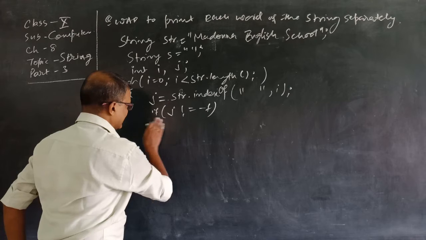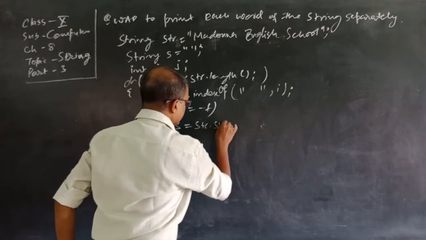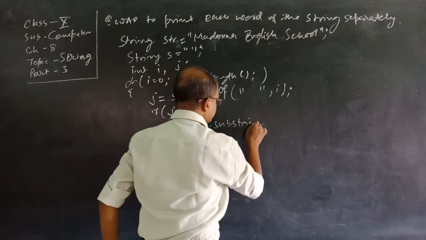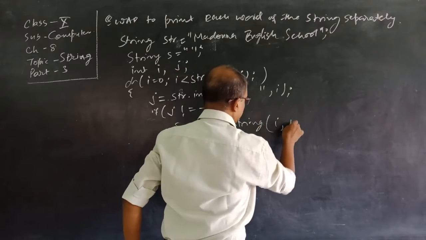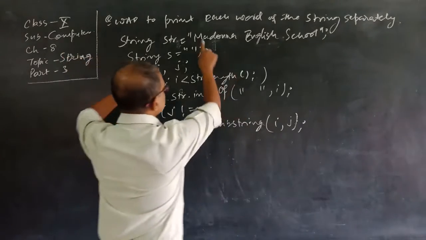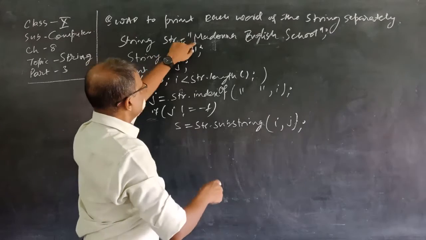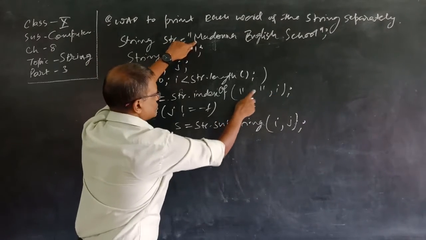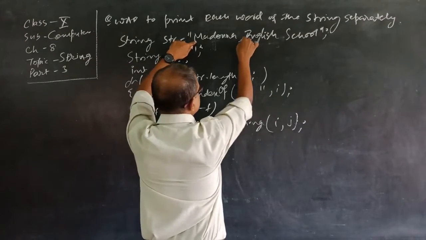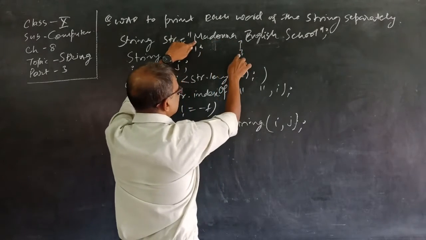So just after that, we'll extract the string s equal to str.substring(i, j). We have started the searching from i, and from i means 0 position. Suppose in the first case i equal to 0, here is 0, and after 0 position we have found the space at this position. This is 7: 0, 1, 2, 3, 4, 5, 6, 7. This is the 7th position.